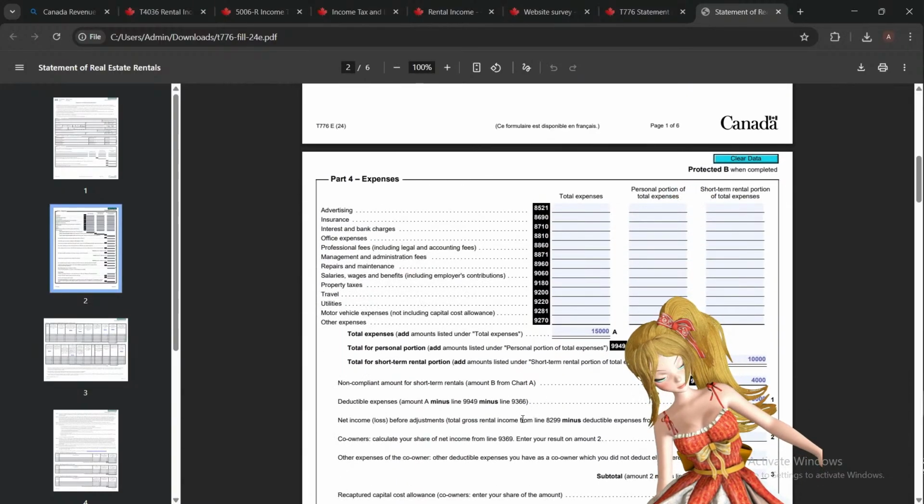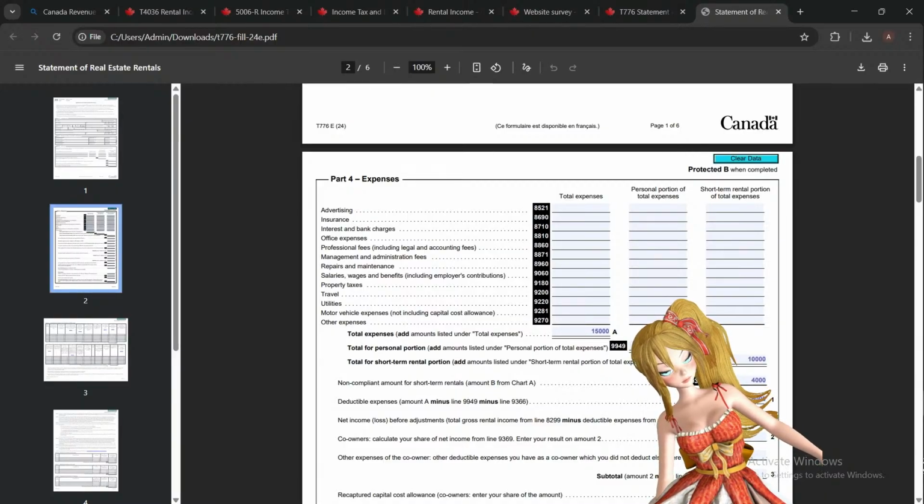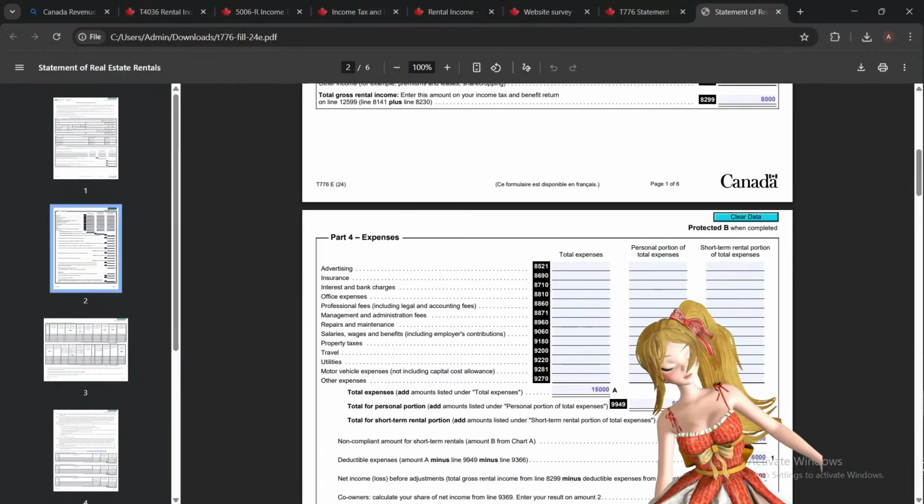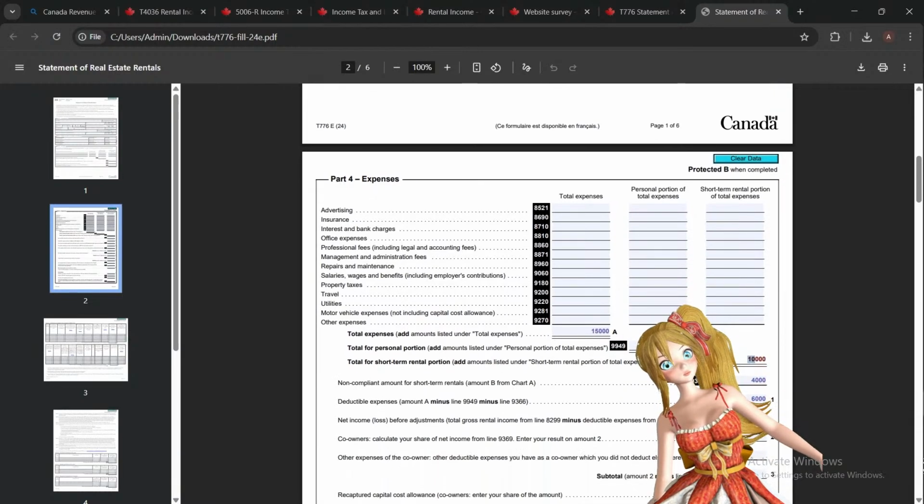Income is 8,000. Minus, but the deductible is 2,000. So I make a $2,000 profit if I lose, if I have a negative. Wait, this should be negative. What?